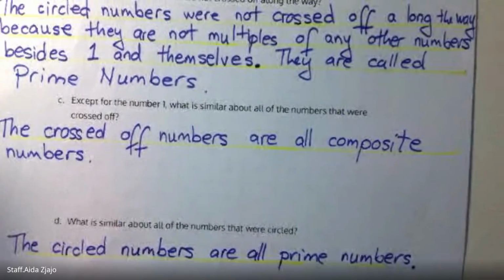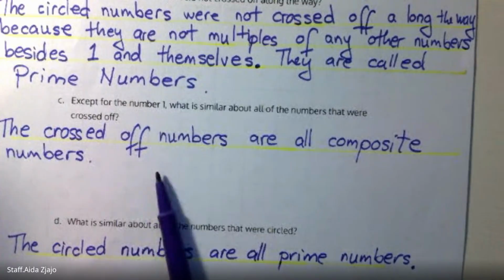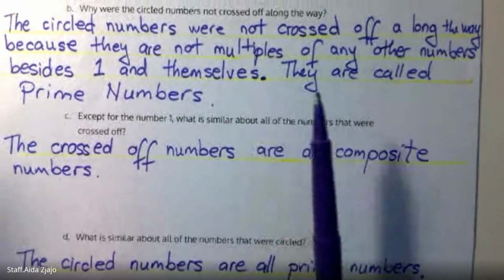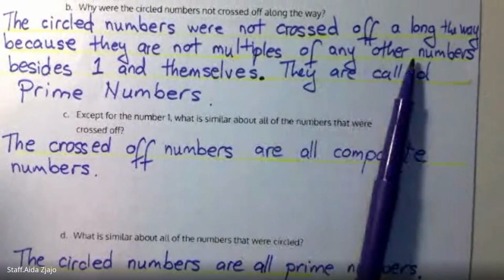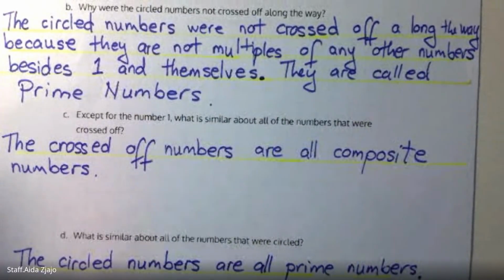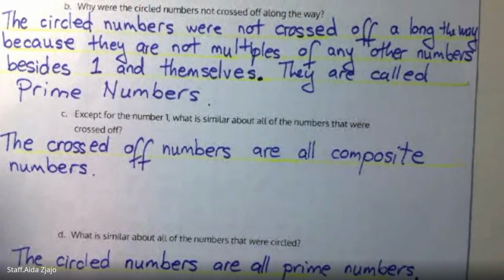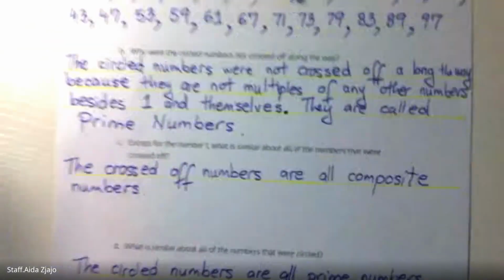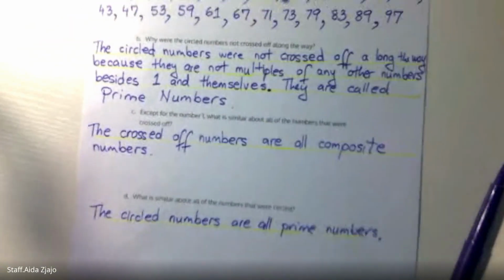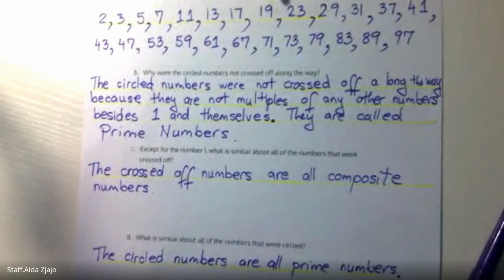The crossed off numbers are multiples of some other numbers, and that's why they have more than one way to build them.